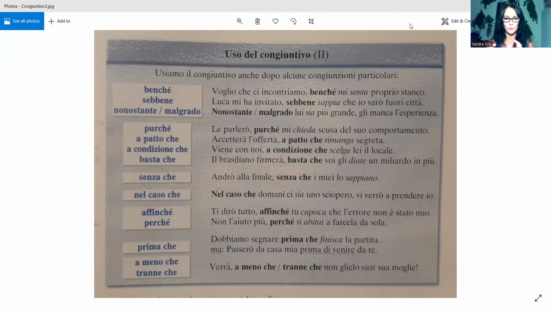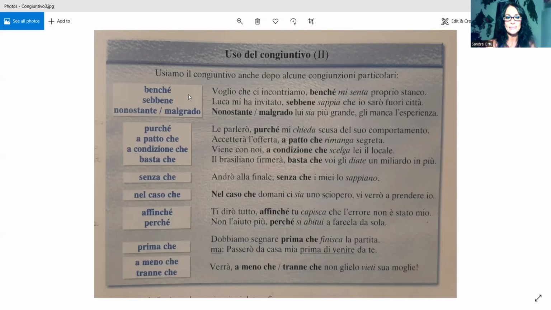Third box with those constructions or certain words. And then we have this other box with other words or expressions. The previous ones were constructions as well. These are more words or expressions.